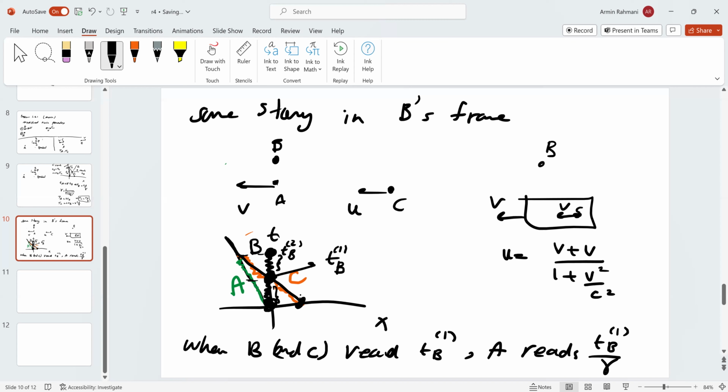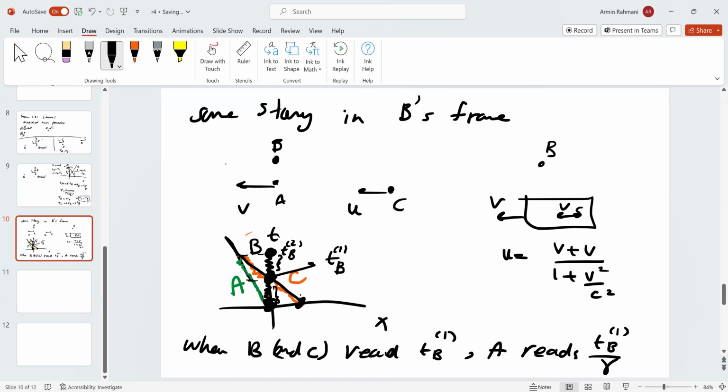So in B's frame, time dilation is happening for A. A's clock is slowing down. A has taken a shorter time.